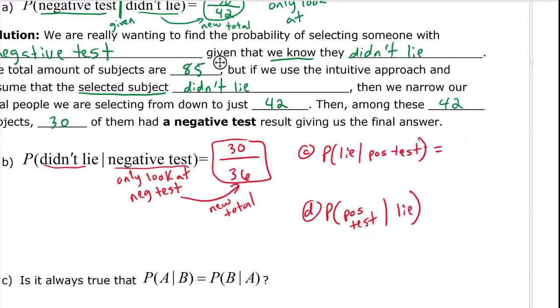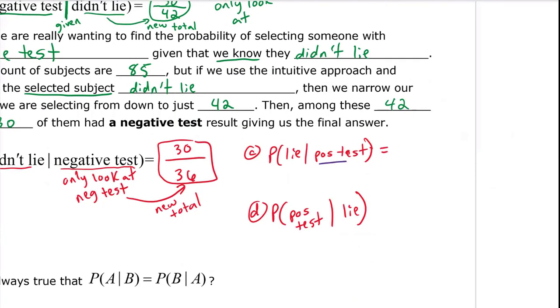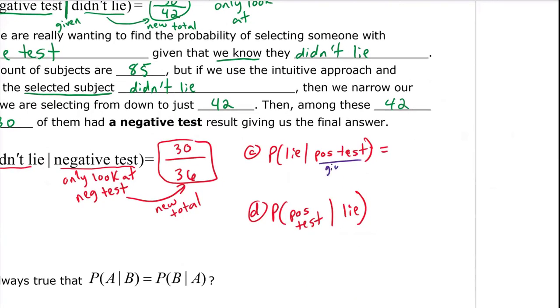So for this C part, what I'm going to do is cross out the people who are negative test, because I only want positive test people. So remember back here, this is what we're given, that we know this, to only look at positive test people.